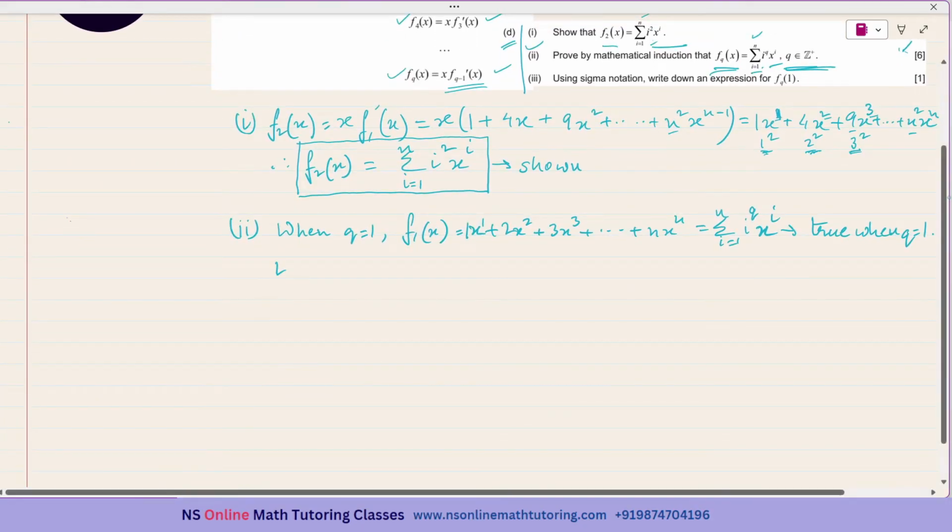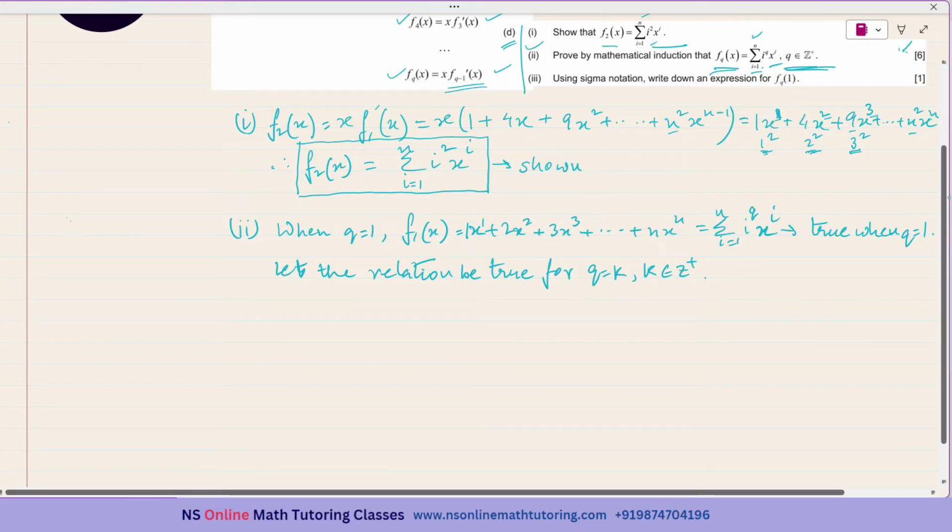Let the relation be true for q equal to k, where k belongs to the set of positive integers.